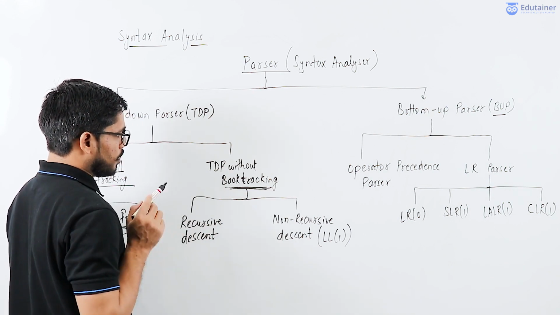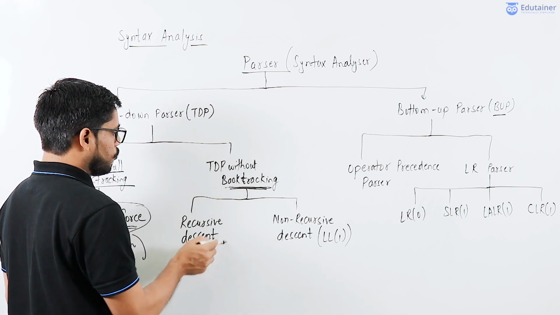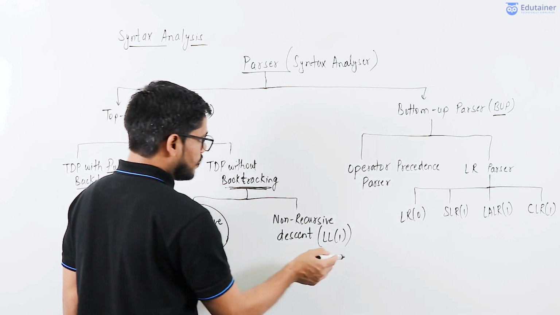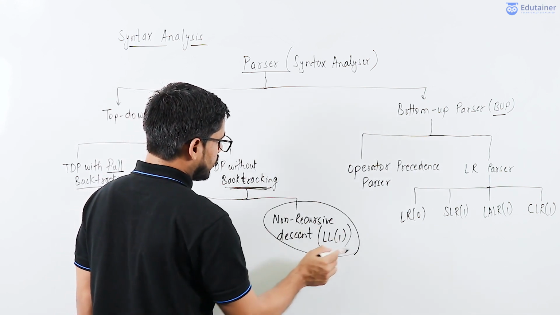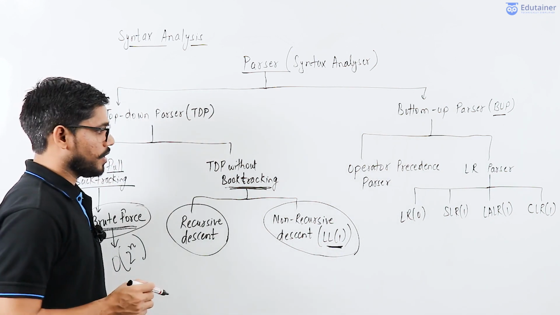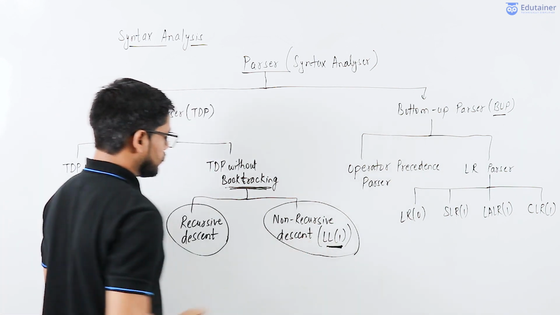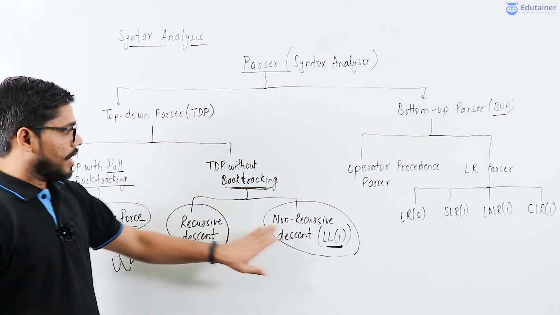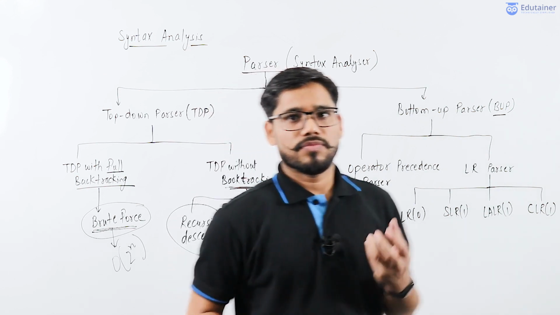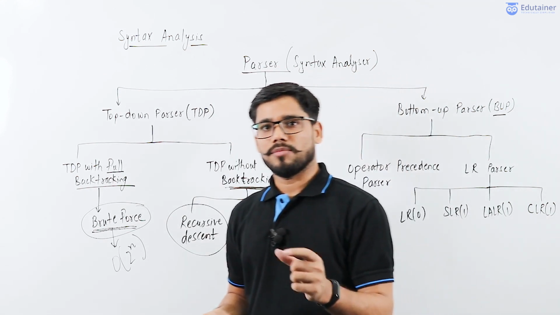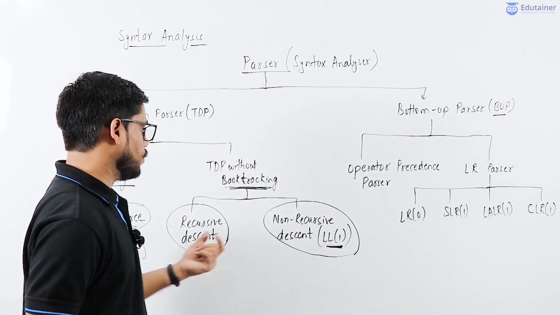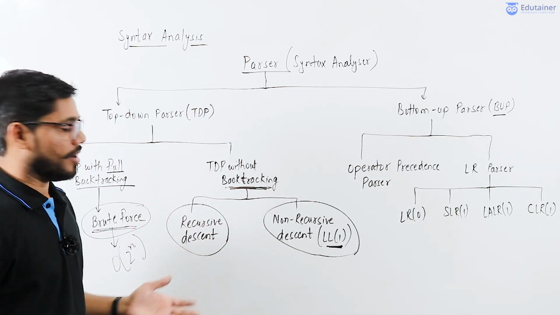In top-down parser without backtracking, we have two methods available. First is the recursive descent method and second is the non-recursive descent method. Non-recursive descent method is also called the LL1 parser. So recursive and non-recursive descent means, in recursive descent, for every variable or terminal of a grammar we call a function to implement the particular grammar.